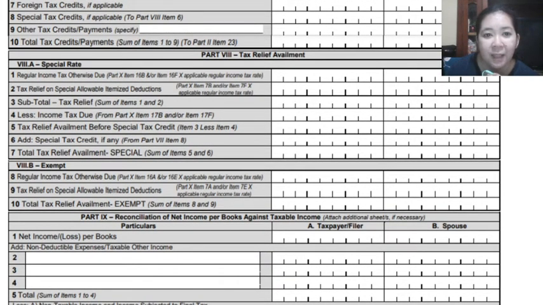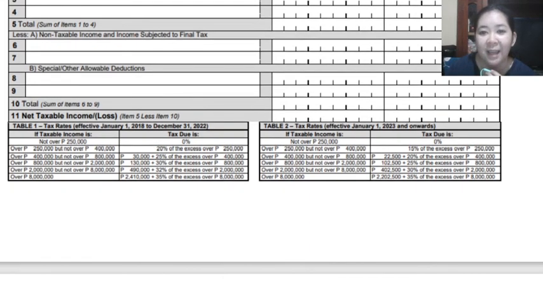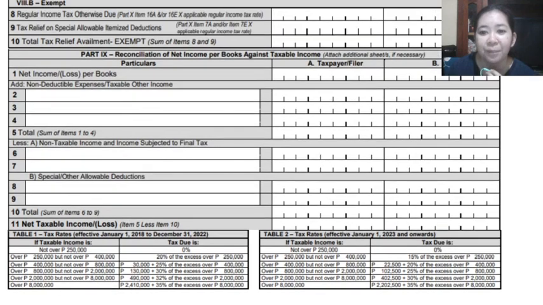Part 9 is the reconciliation of net income per books against the taxable income of the taxpayer. It also has the graduated income tax table provided to determine the taxable income. So this is BIR Form 1701 for individuals who are earning mixed income, for estate and trust.